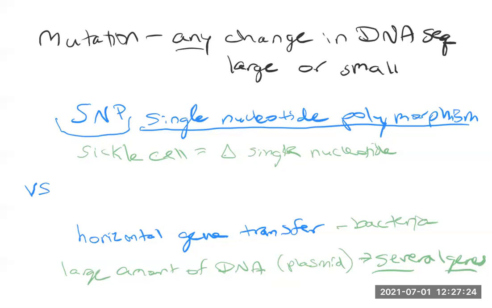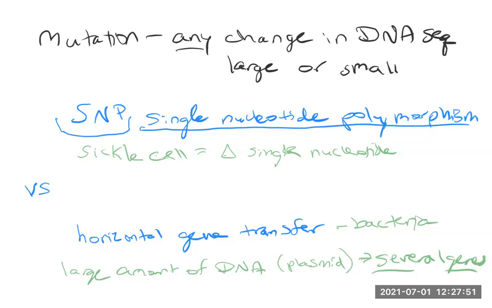So bacteria, I'm not going to go into it too much because we're not a micro class, but bacteria can actually send out this special structure called the pilus, and they will send the DNA along this protein structure, and the other bacterium will take that DNA in, and it all depends on how long they're connected, but they could transfer thousands of base pairs this way.